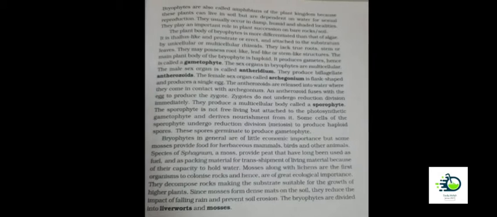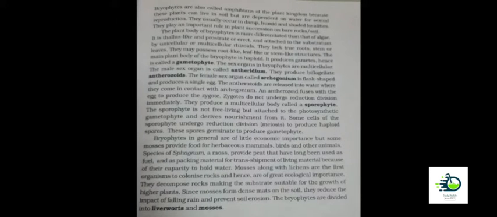Some cells of the sporophyte undergo reduction division, meiosis, to produce haploid spores, which are meiospores. These spores germinate to produce the gametophyte.